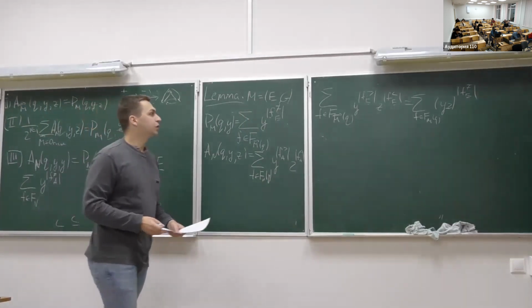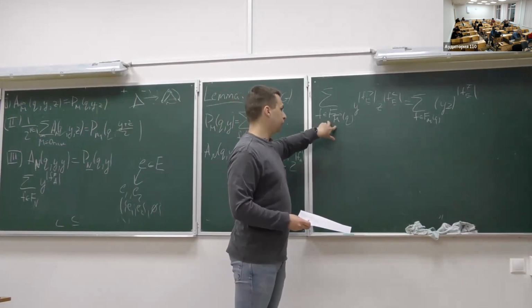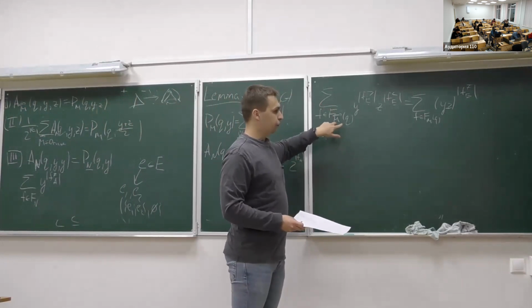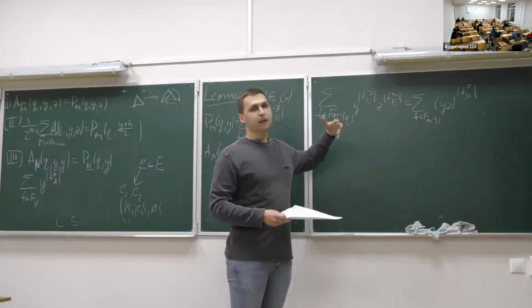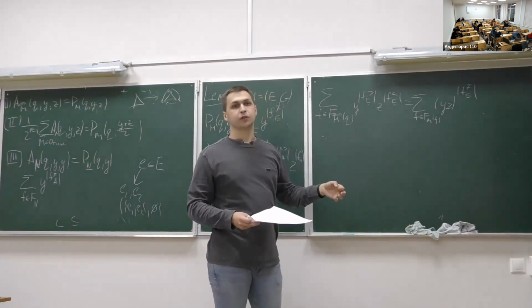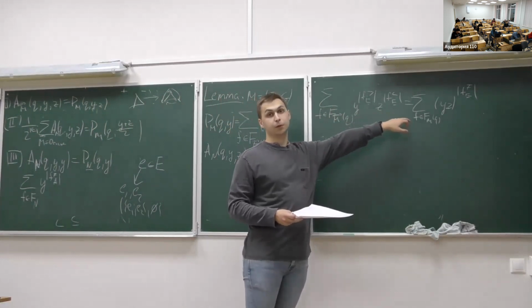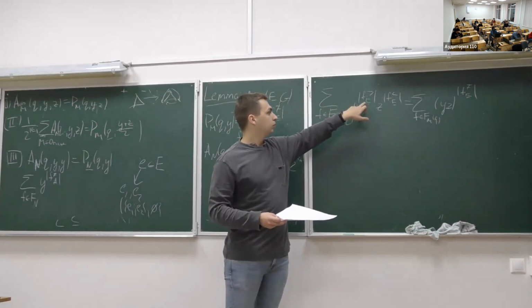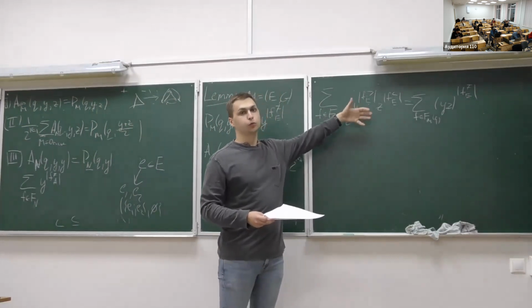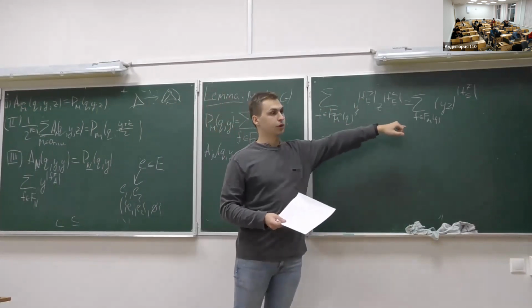So for each pair of opposite edges, they are either both going to be 0, and then they give us multiplier 1 both in the left part and in the right part, or they are going to be 1 and give us a multiplier yz both in the left part and in the right part.